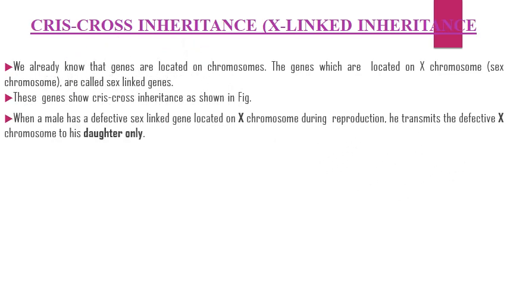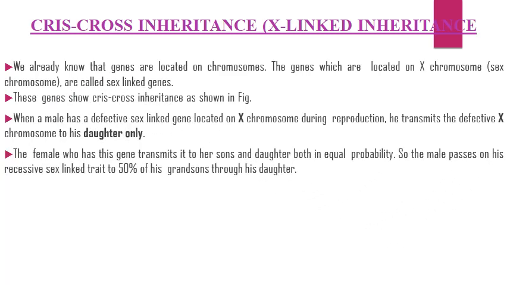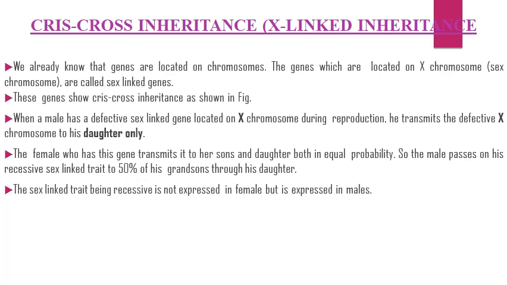When a male has a defective sex-linked gene located on the X chromosome, during reproduction he transmits the defective X chromosome to his daughter only. The female who has this gene transmits it to her sons and daughters, both in equal probability. So the male passes on his recessive sex-linked trait to 50% of his grandsons through his daughter.